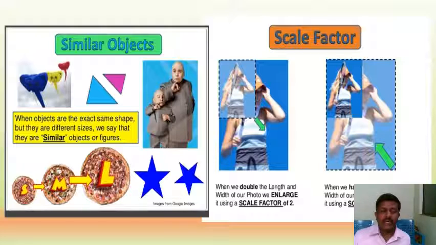When objects are the exact same shape, but they are different sizes, then we say that they are similar objects or figures. We already learned this. In Photoshop, when we enlarge figures in this way, when we double the length and width of a photo, we enlarge it using a scale factor of 2.